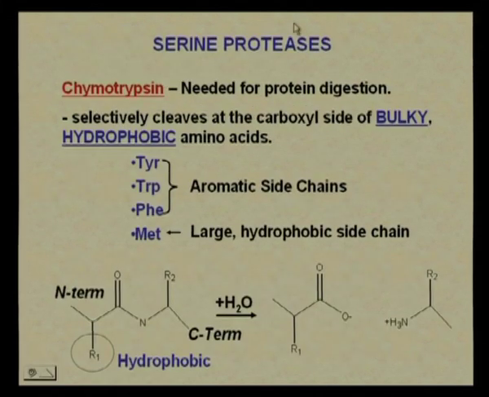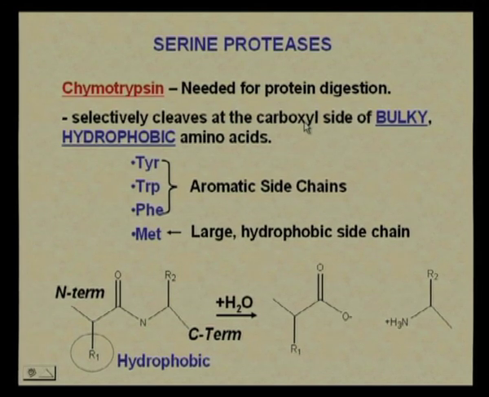Okay. So what do we have? We have in general the serine proteases. This chymotrypsin is needed for protein digestion. It selectively cleaves, and you have to be careful of this, at the carboxyl side, not at the amine side. Okay.